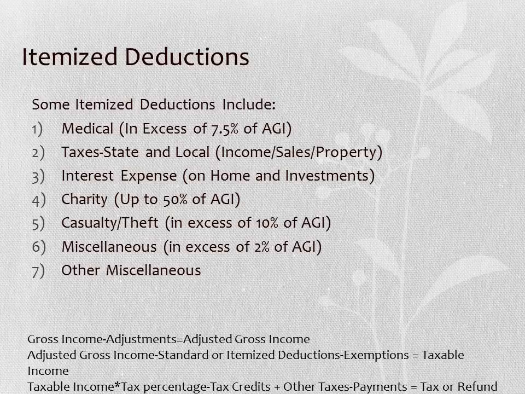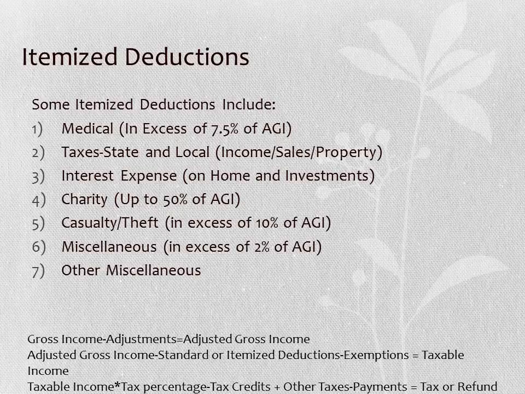However, if you had 10%, then you would be able to have a deduction of 2.5%. You would take the percentage that you used minus 7.5, and that would be the percentage that you can use for your medical expenses.